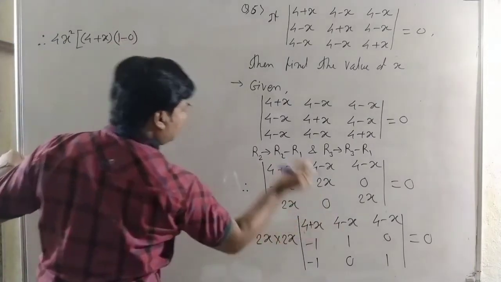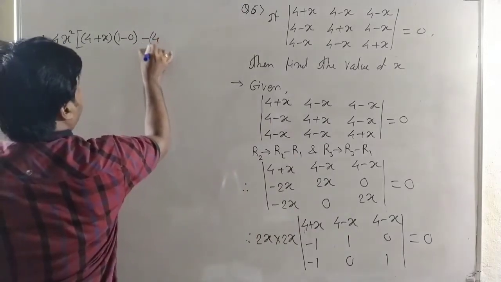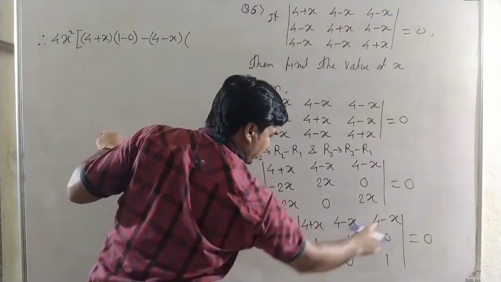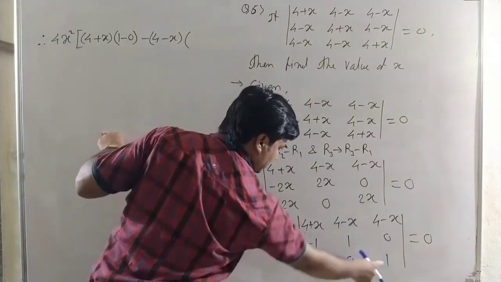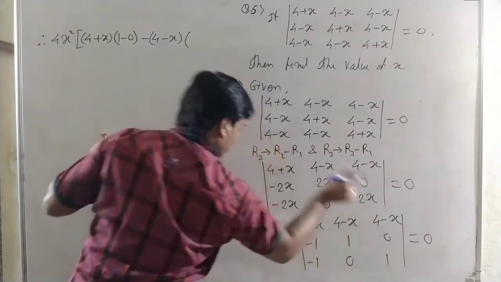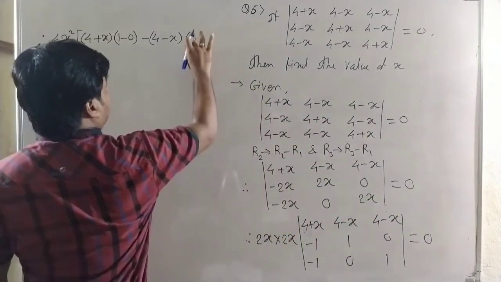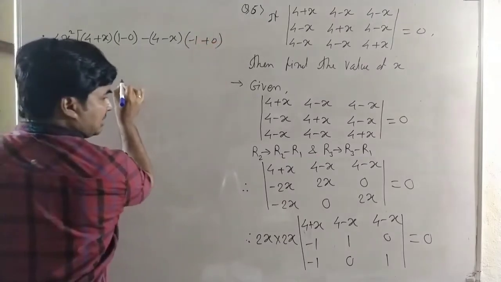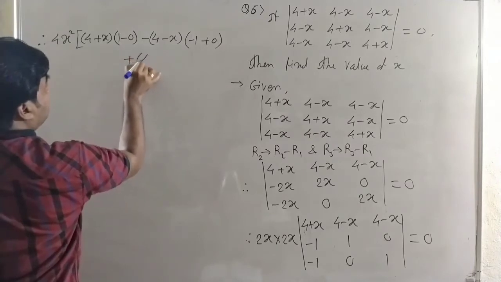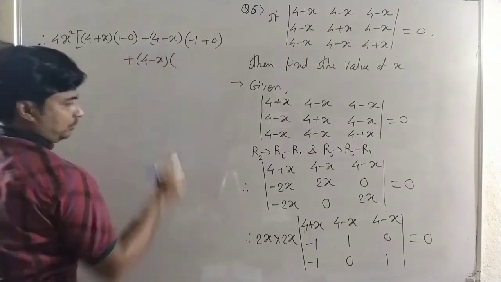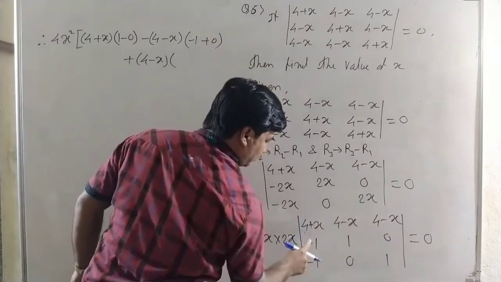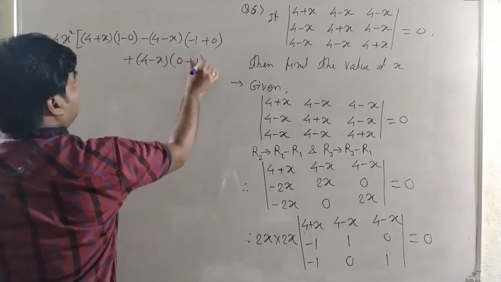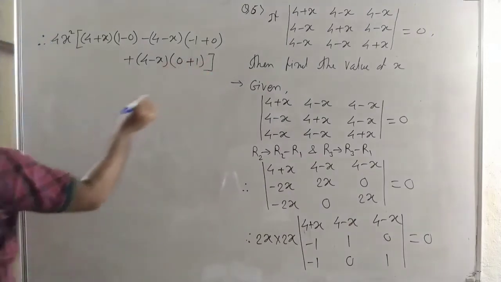Then change the sign of the middle term, it is minus 4 minus x into, eliminate row and column, we get minus 1 0, minus 1 1, therefore minus 1 plus 0, minus 1. And last plus 4 minus x into, delete column and row, obtain the determinant 0 plus 1.